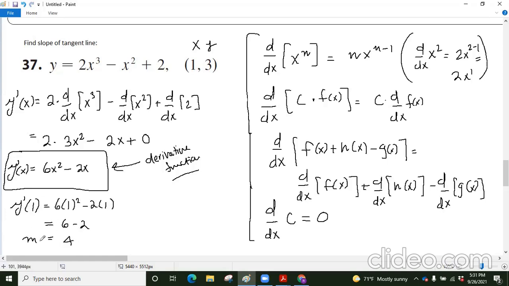So the slope of my tangent line is 4. The derivative function is this guy.